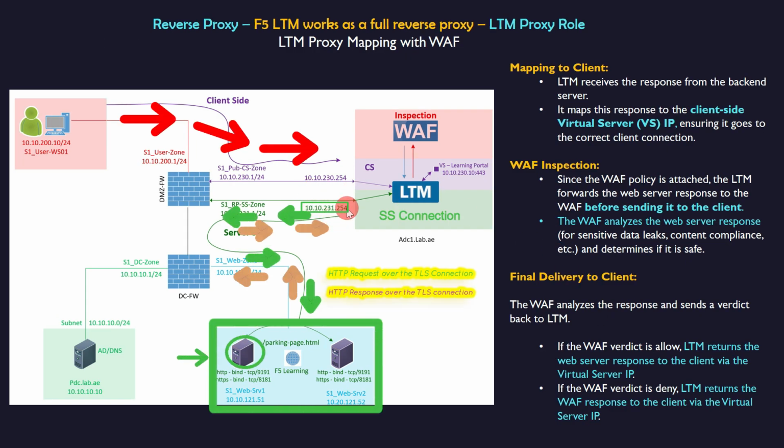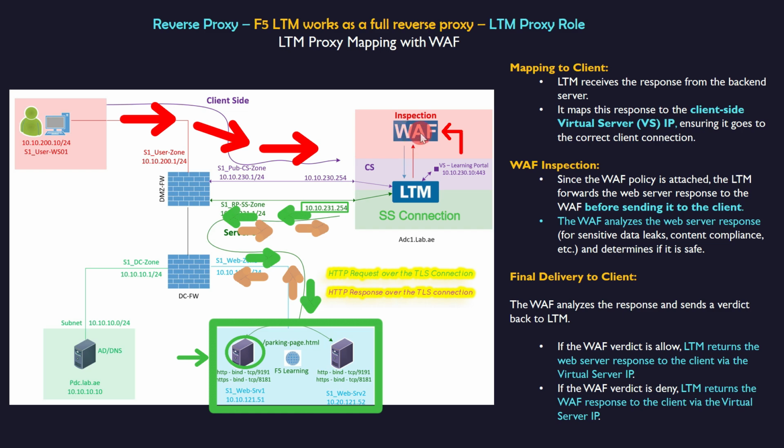The LTM server-side VLAN self IP receives the response from the backend server, and then it maps this response to the client-side virtual server IP, ensuring it goes to the correct client connection. Since the WAF policy is attached, the LTM forwards the web server response to the WAF before sending it to the client. So, the WAF does the security inspection for both the client request and the server response.